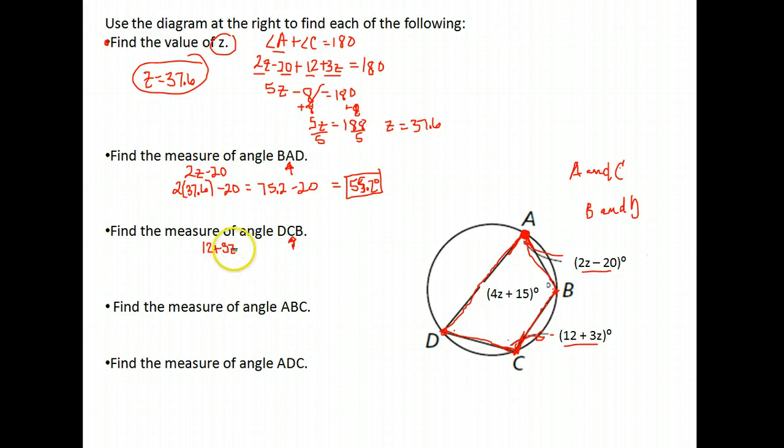Again, we know z is 37.6, so we replace the z with 37.6. 3 times 37.6 is 112.8. And we just add the 12. And there you have it. It is 124.8.